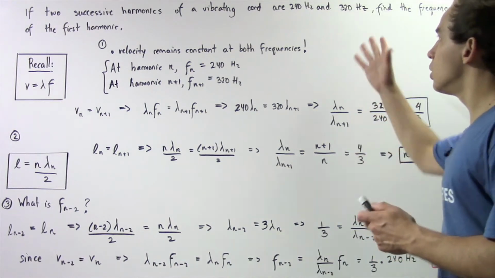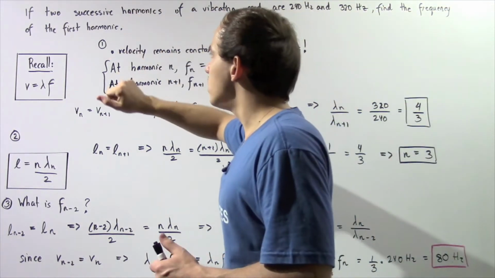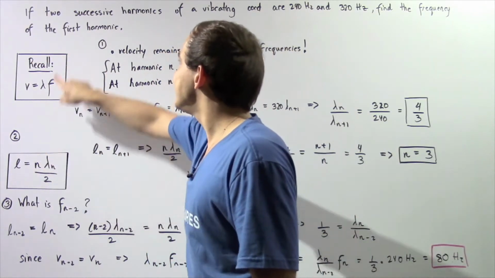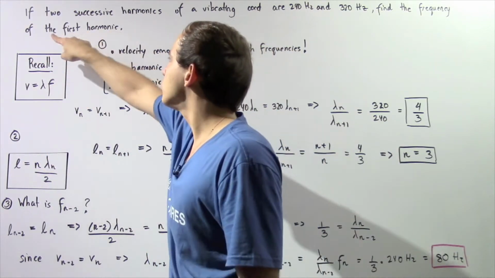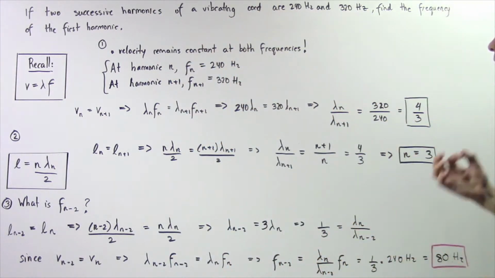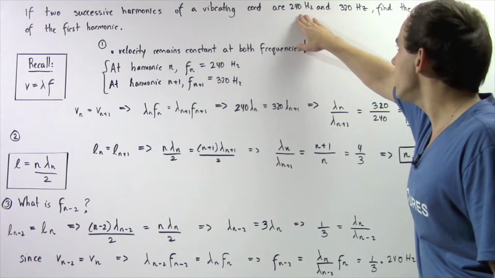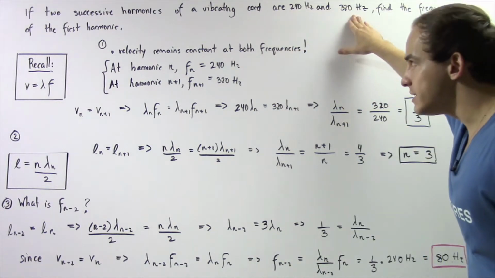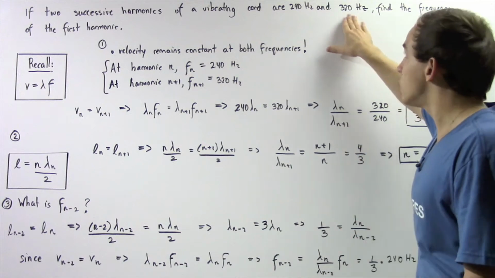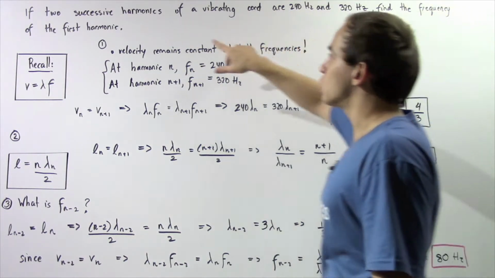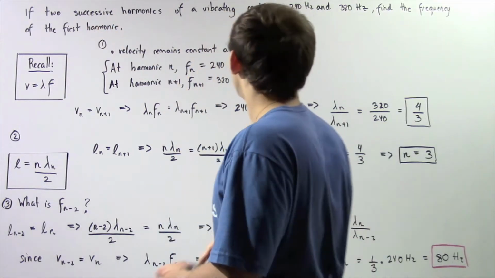But first, let's look at our information. We want to calculate what our frequency is when n is equal to 1, when our harmonic is 1. Now, we don't know what the harmonic number is at 240, and we don't know what the harmonic number is at 320. But we do know that whatever this harmonic is, this is 1 plus, because we're looking at successive harmonics.